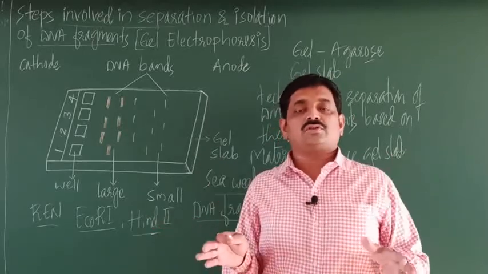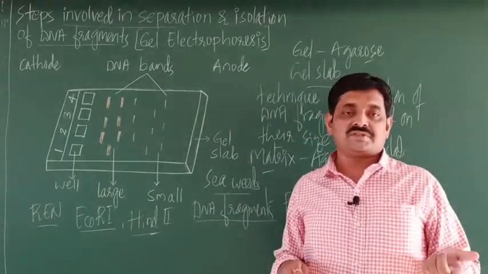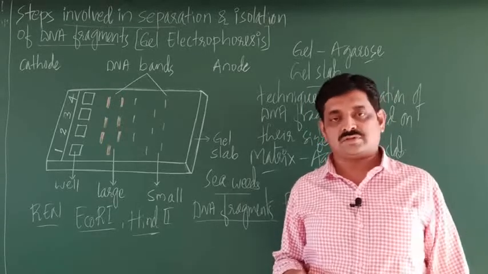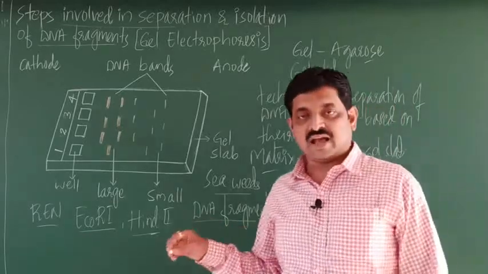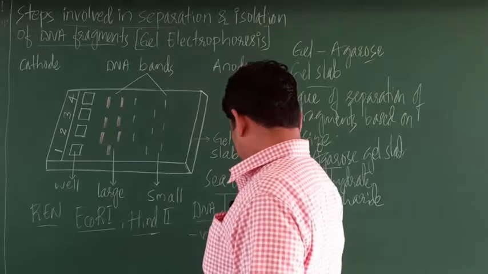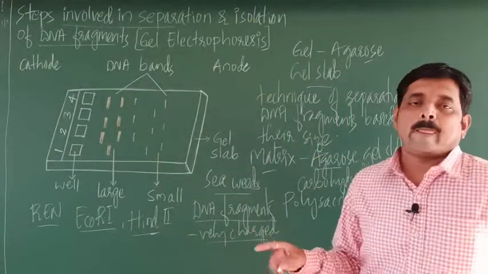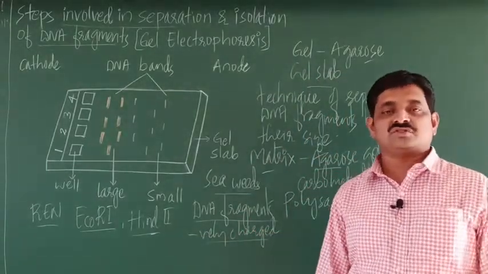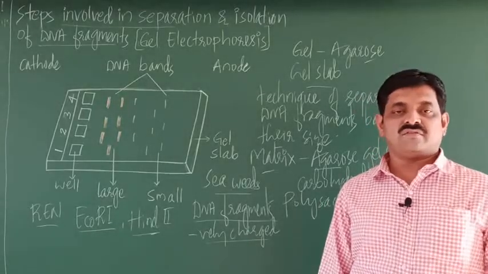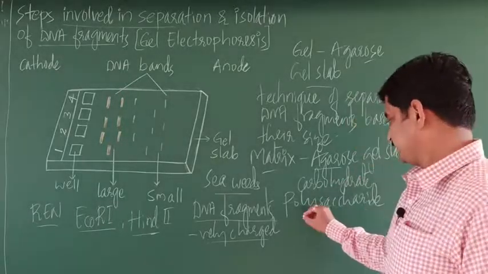So separation of these DNA fragments based on their length or size is done by electrophoresis or gel electrophoresis, right? Now these DNA fragments are negatively charged. So DNA is a negatively charged molecule.